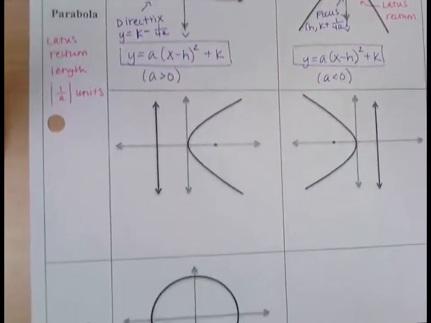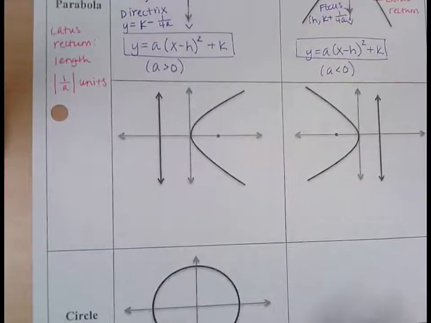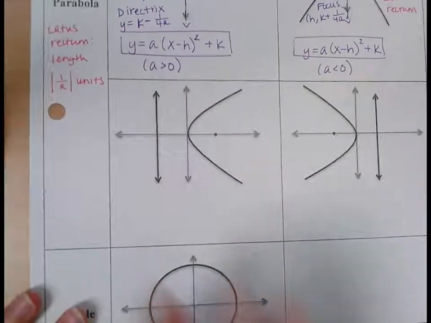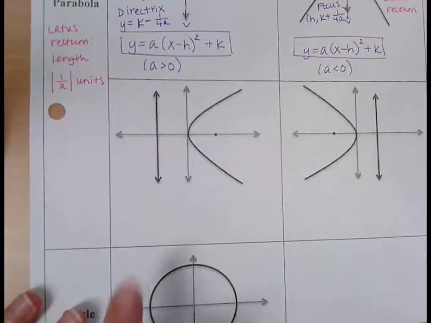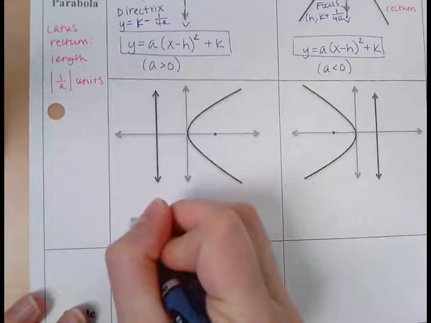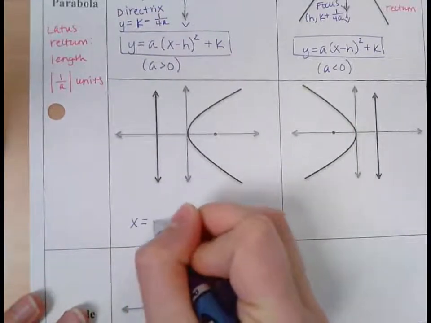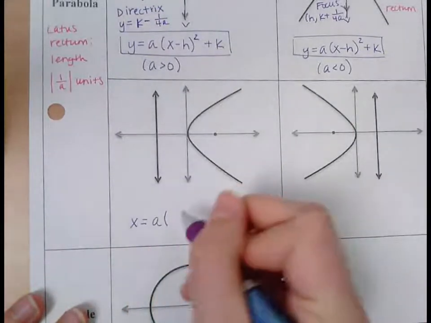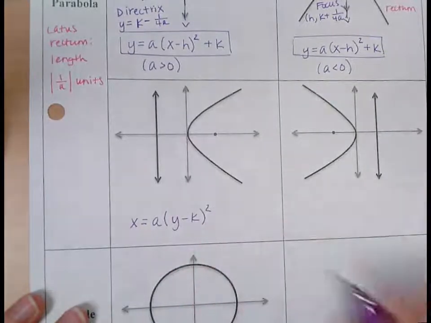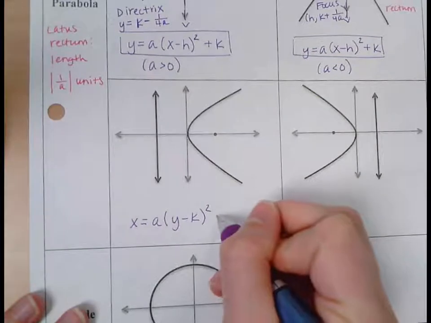Okay. So then, for the ones that open sideways, these have a different standard form. It's kind of flipped from what's up here. So it's x equals a times the quantity y minus k squared plus h.